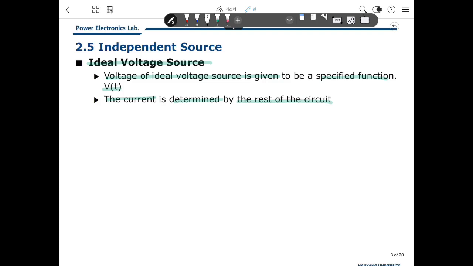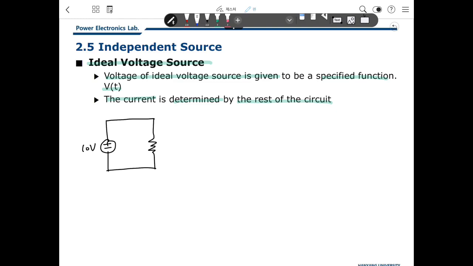I will also give you an example of that. So we can draw the voltage like that. Then we make it this way. So we can define the voltage value as 10 volts here.